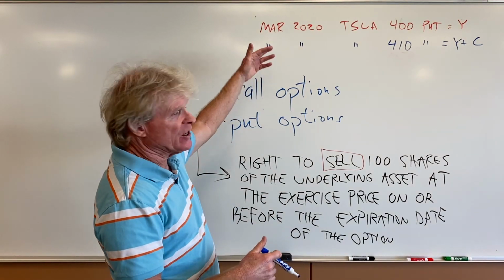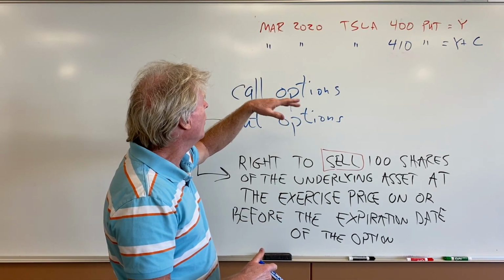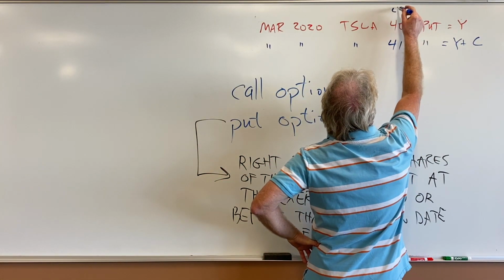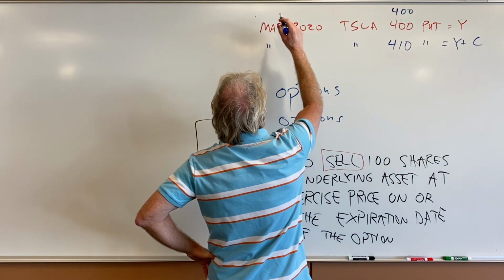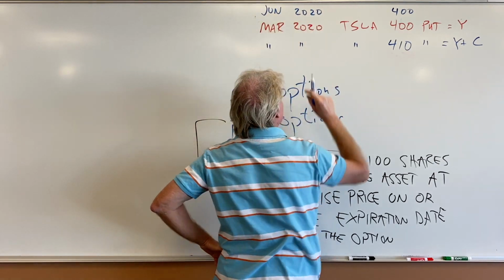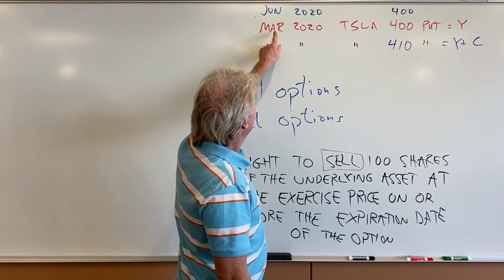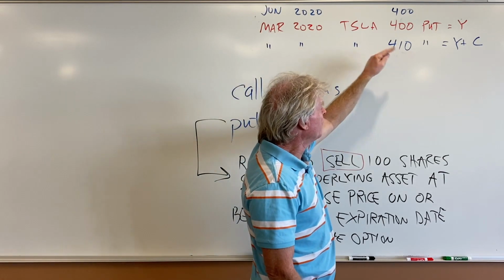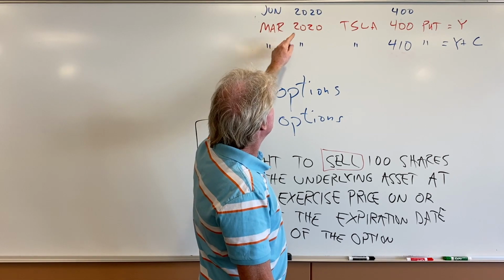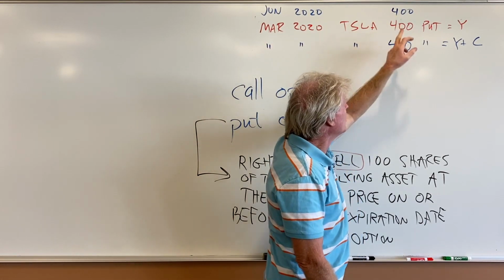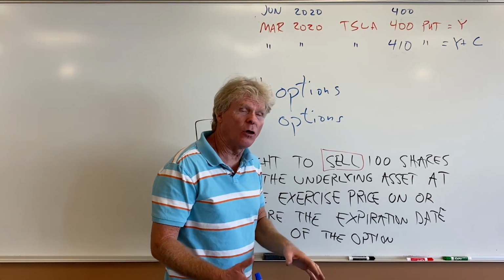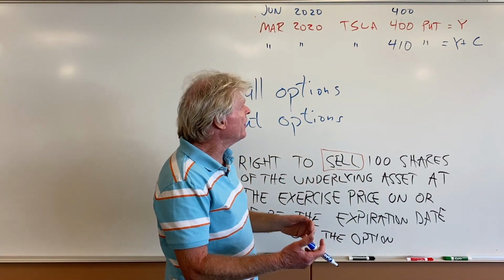Interesting. Well, as before, analogous to my call example, let's now consider a 400 strike Tesla put that has an expiration in, say, June of 2020. So comparing the original March 2020 Tesla 400 put with a market price of Y with the put with the same strike price, 400, but expiring later in June, having a longer life, well, just think about it. What would you rather have?